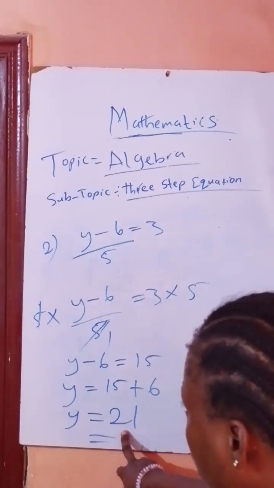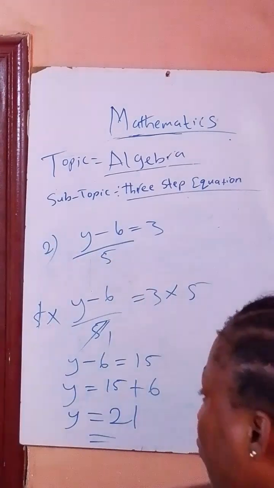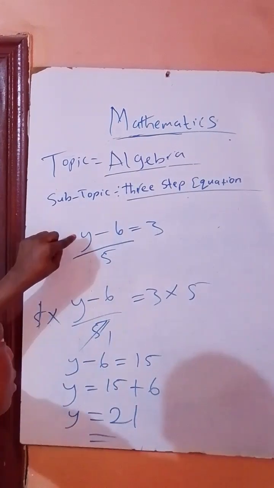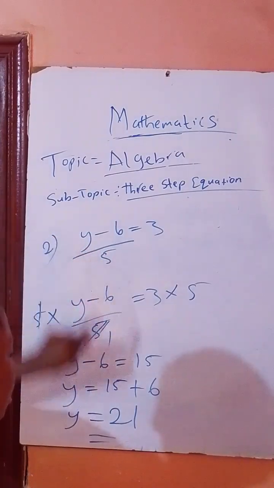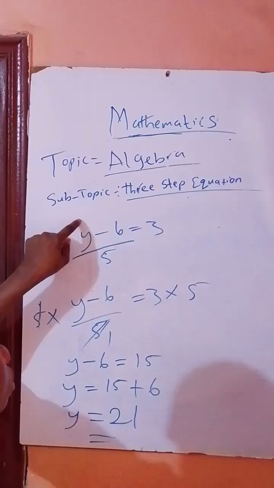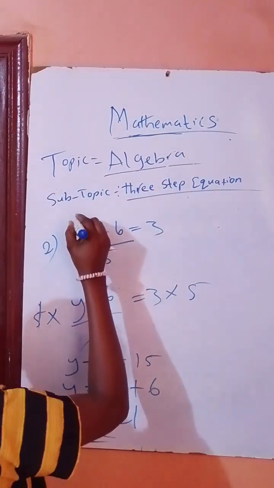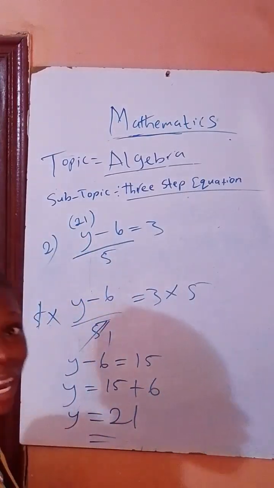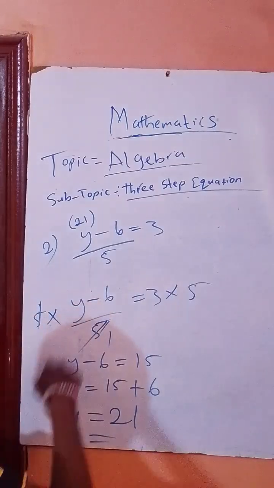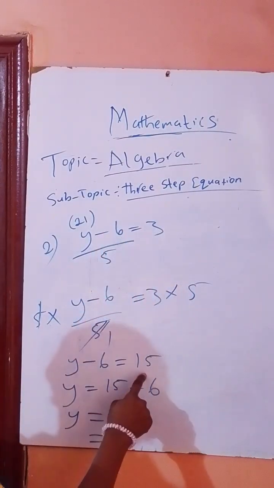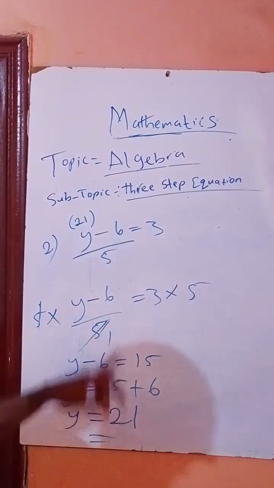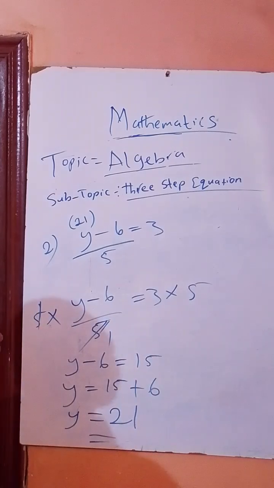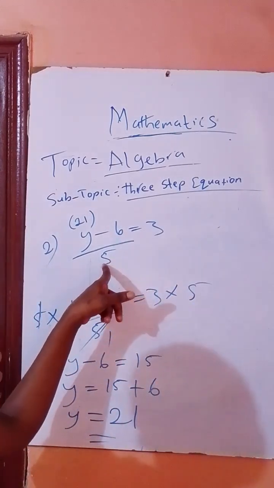Let's check our answer. We did not know our y before. Our y is now 21. Then we replace this y with 21, because y is 21. 21 minus 6 gives us 15. 15 divided by 5 is going to give us 3.